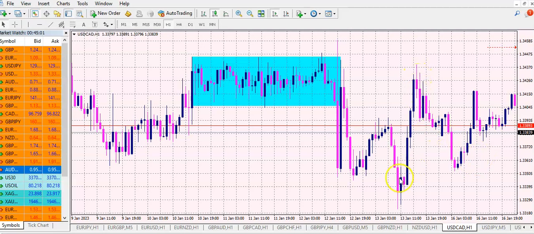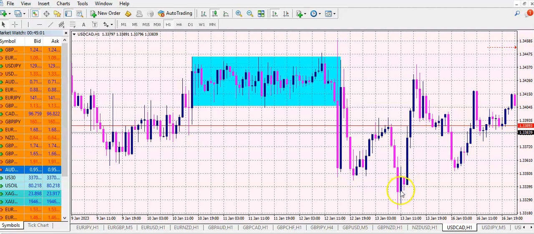But the fashion with which price actually moved out of that particular place to come and mitigate the order block around this place, that particular fashion is really very strong. It matches our criteria for zone qualification.